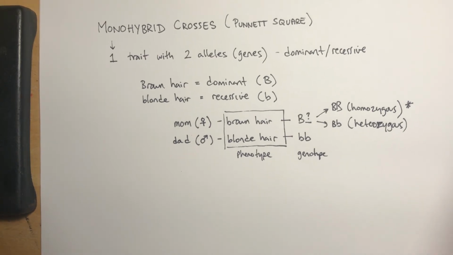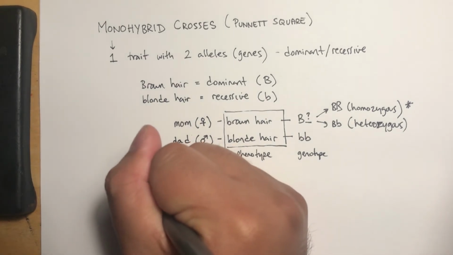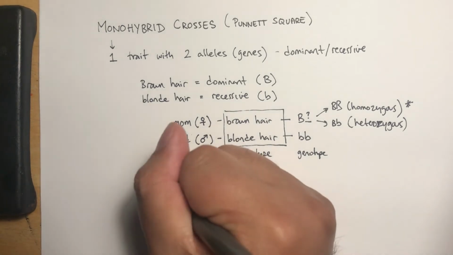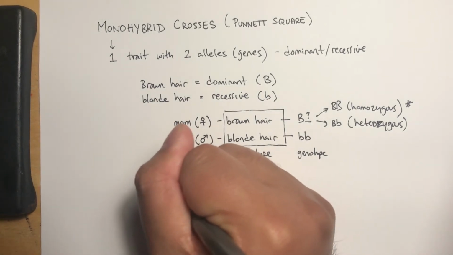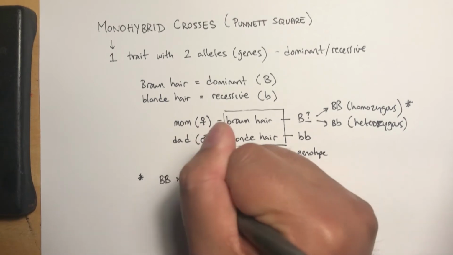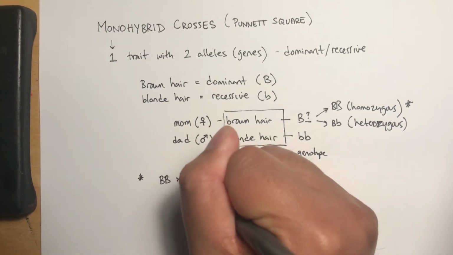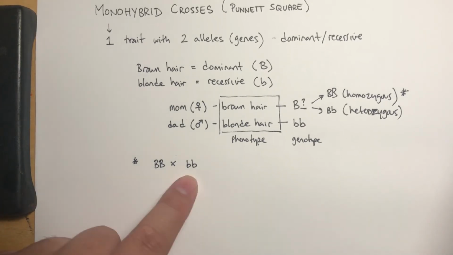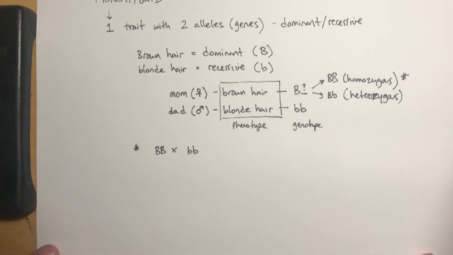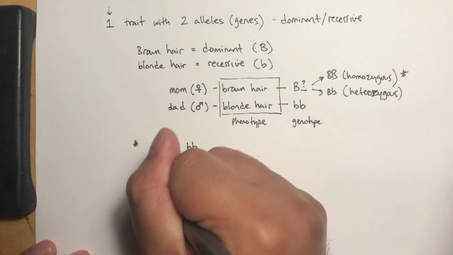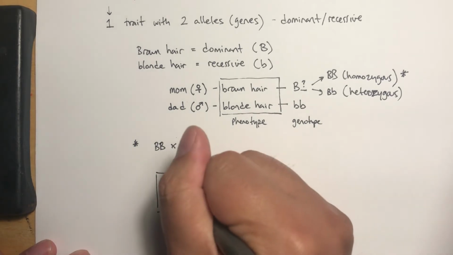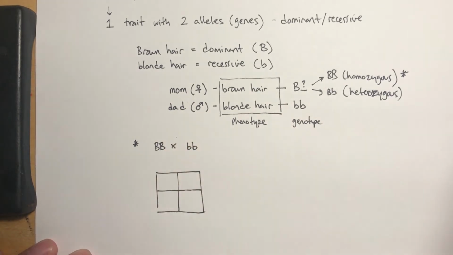If mom were homozygous, and we want to find out what their children would be like, then we are setting up a Punnett square or a monohybrid cross with these two parents in this particular fashion. So you set up a grid. It's a 2x2 square.